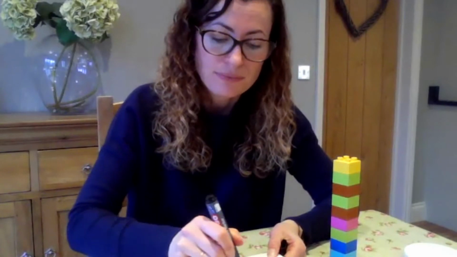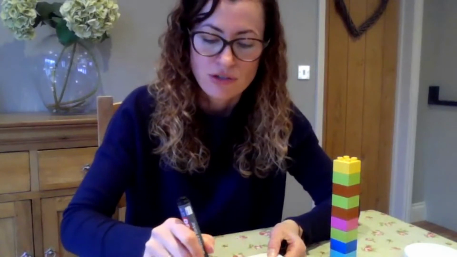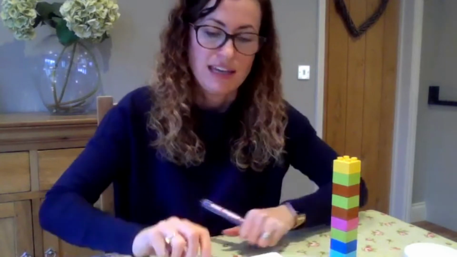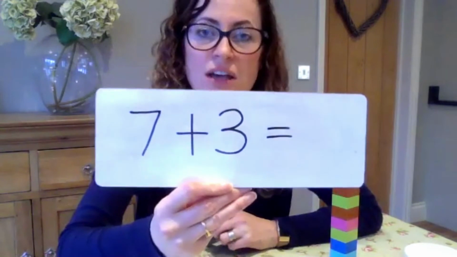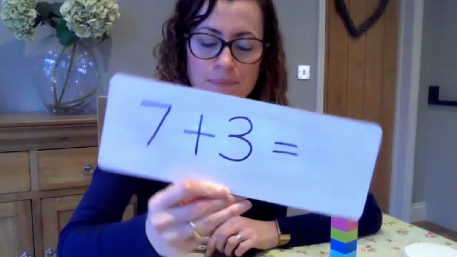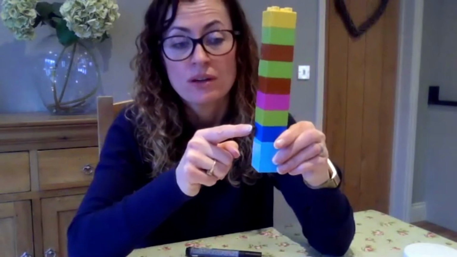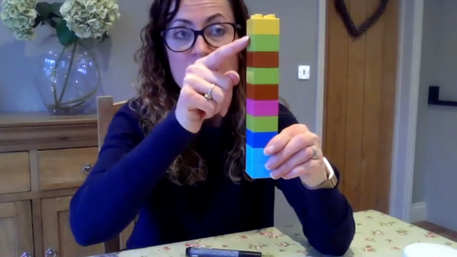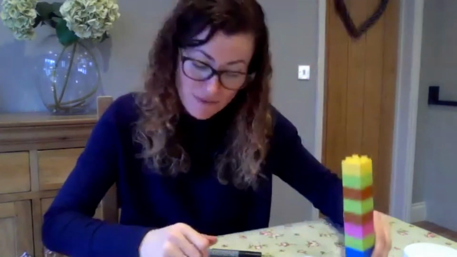Add, and then do your 3 around the tree, equals. Okay, 7 add 3. Should we count them and check? 1, 2, 3, 4, 5, 6, 7, 8, 9, 10. Another number bond. 7 add 3 equals 10.